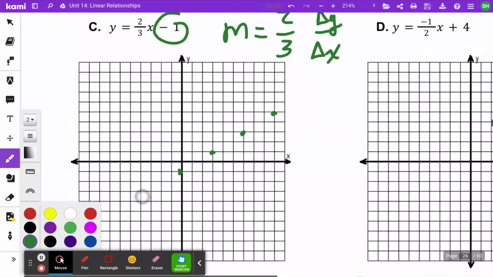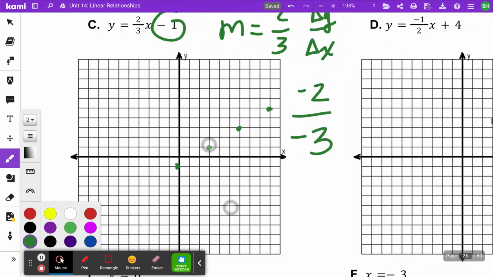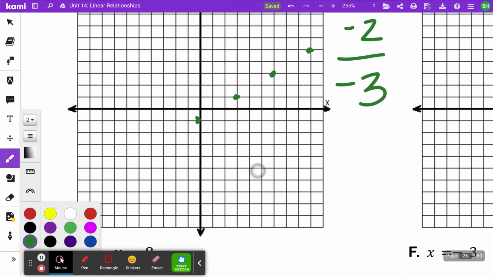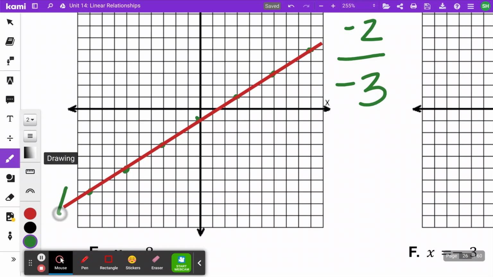But I can also not only use positive 2 over positive 3, but negative 2 divided by negative 3 is still 2/3. So I can also go down 2, left 3, a couple of times. And that would still allow me to go ahead, oh well, wrong color, that's fine, and connect the dots. And so that would create my line.